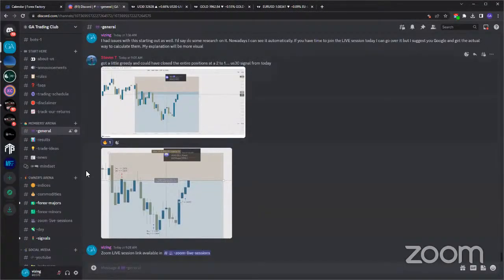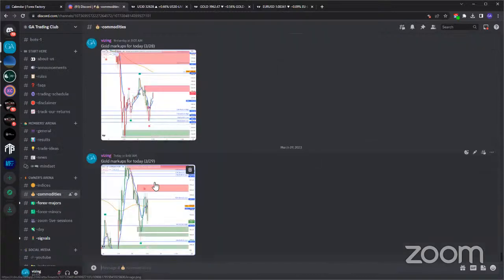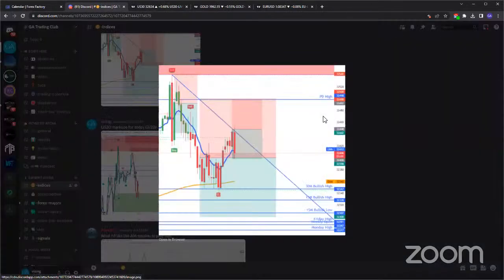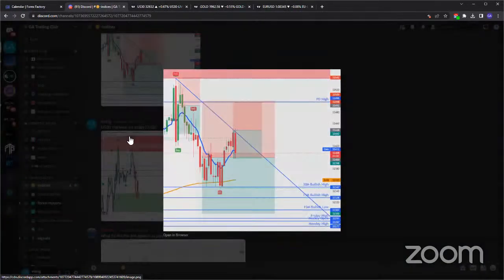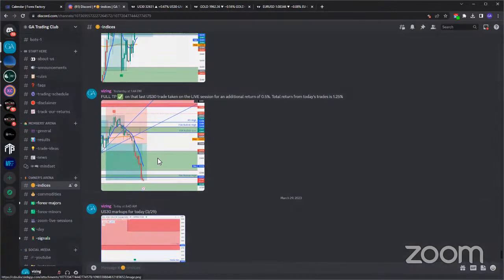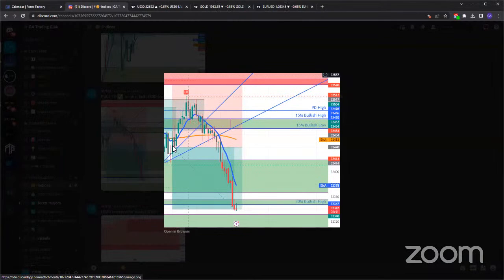So if I go into the group right here and go over that trade again, here it is. We did enter this sell right here. It was a risky sell because we had a trend line to the upside.